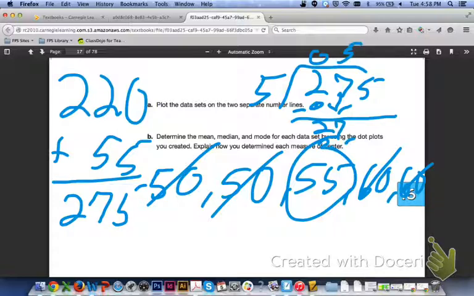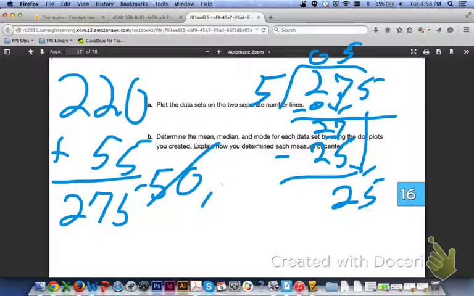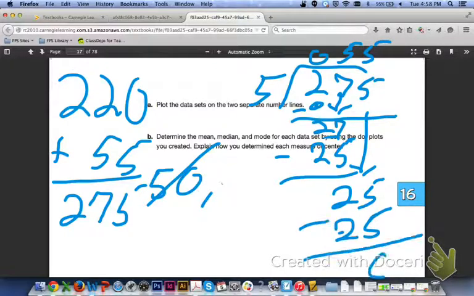So we'd use 25 tens, and we'd have 2 tens left. Split those up into ones so we can do something with them, and then we're going to have 5 ones in each group with none left over. So the mean is also 55 for that first data set.